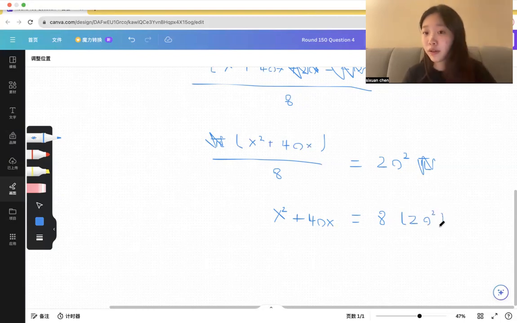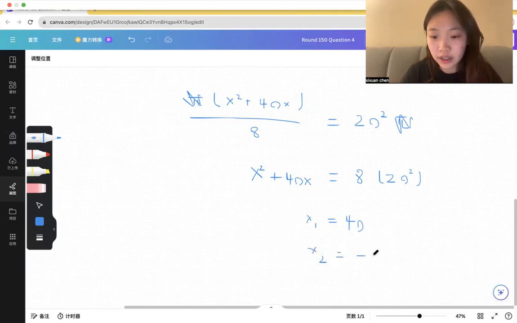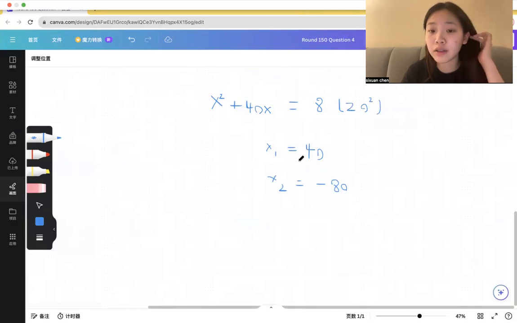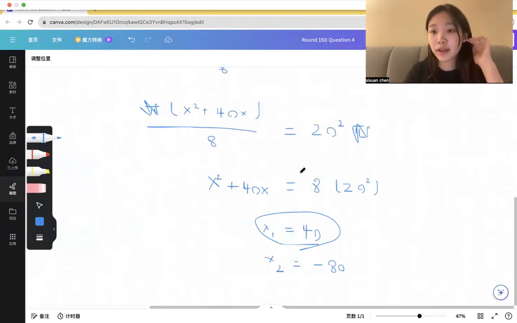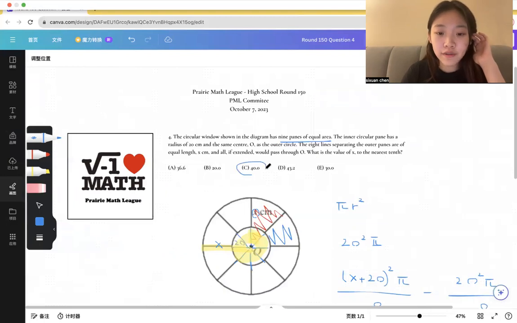And you can try to solve for x, but in this case, since I've already solved for it, x1 equals 40 and x2 equals negative 80. And because a side length cannot have a negative value, 40 will be the final answer. And we'll see that choice C, 40, will be the final answer for this question.